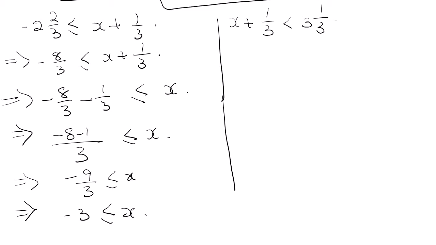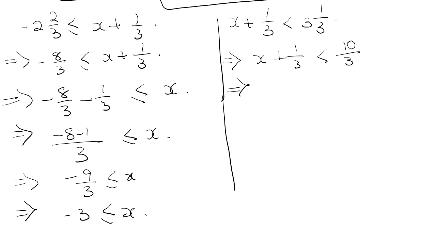Now come to this side. This implies x plus 1 upon 3 is less than 3 3s are 9 plus 1, 10 upon 3.